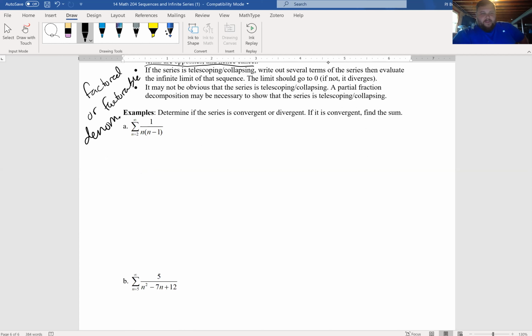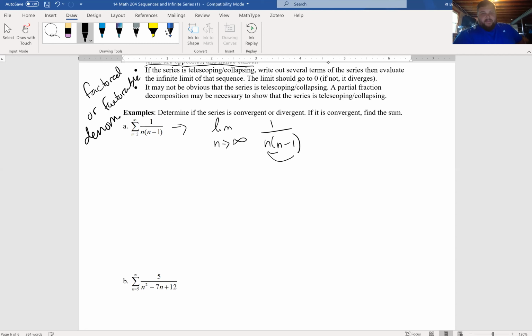Well, we can go ahead and evaluate the limit at the beginning. We should know enough about limits now. So n goes to infinity of 1 over n times n minus 1. It looks like we're going to get infinity times infinity on the bottom. Or if we really wanted, we could multiply this in.